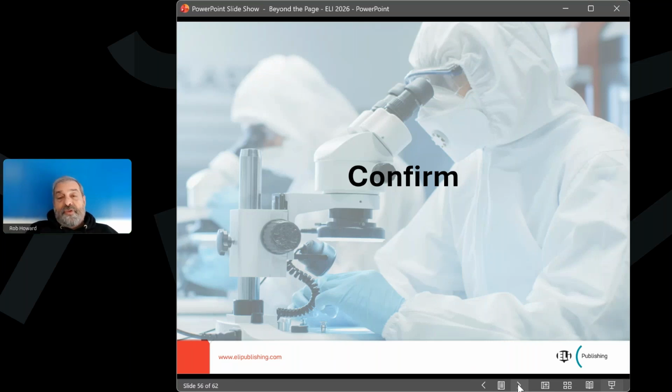Now, the problem was they were great activities, but they did not match what was in the course book. So I went back and had to go to Plan B and start from the course book, which I should have done in the first place, and took that information and plugged it in and made the activity fit what was in the course book. So always confirm that the information is correct.